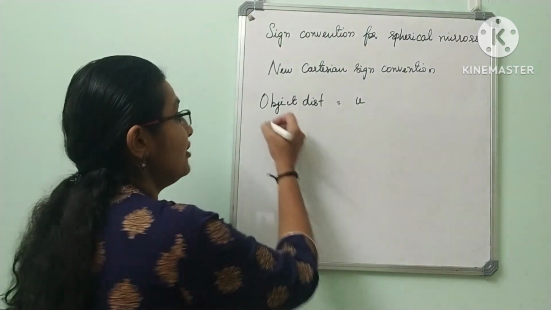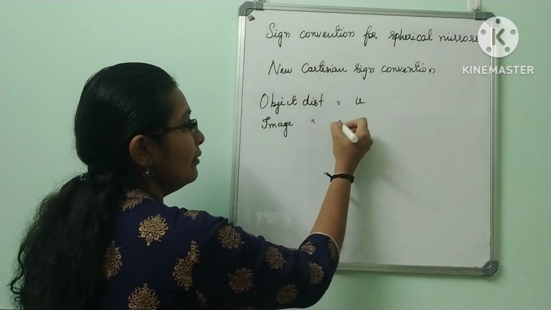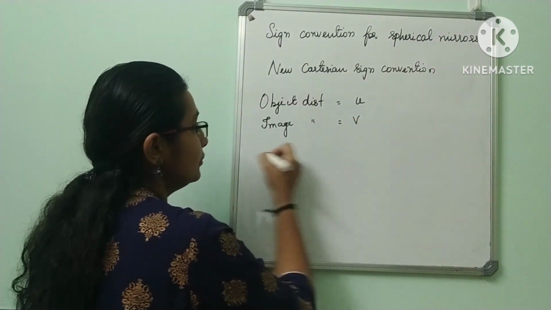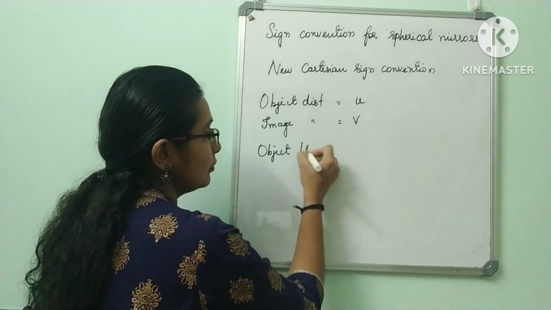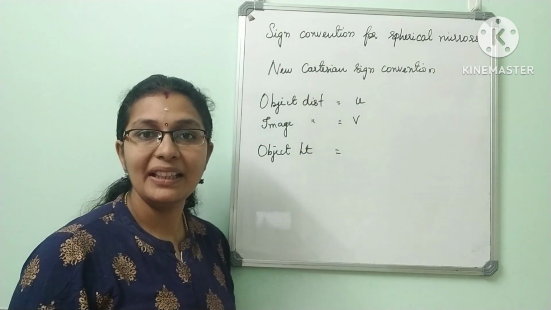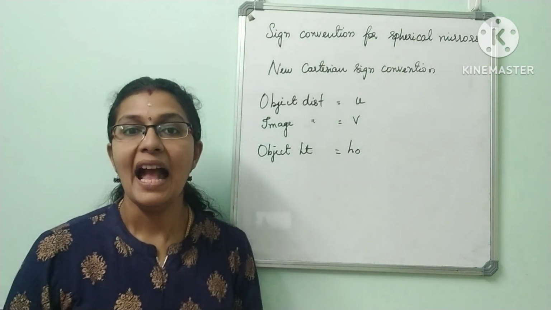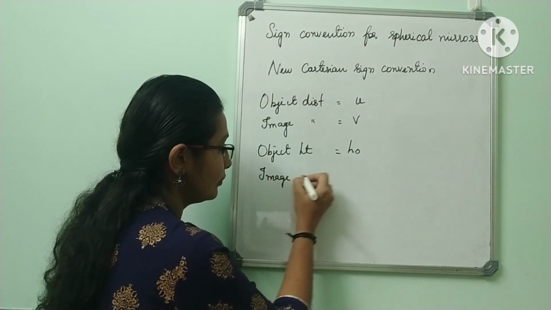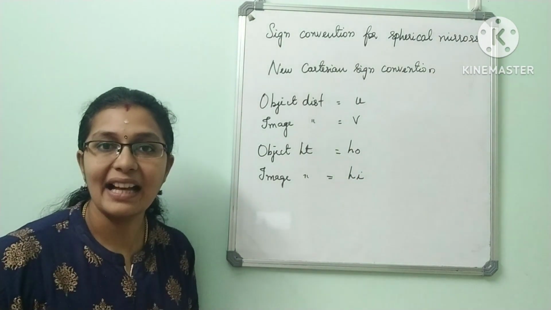Next is image distance, which is denoted by the letter V. Next is object height, which is given by the letter H naught or H base O. Next is image height, which is given by the letter HI.